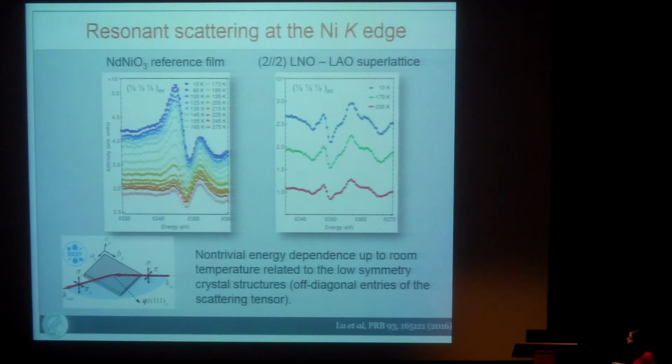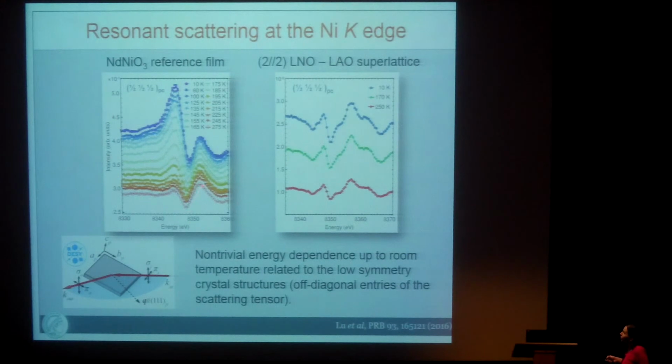And indeed, for the neodymium nickelate, we see a strong increase. So this is the energy dependence of the scattered intensity across the nickel K edge at the half reflection, and when entering the charge ordered state, we find a strong increase of the signal.